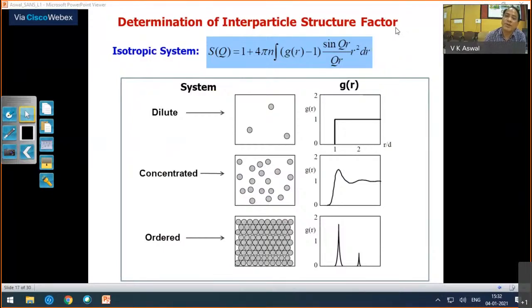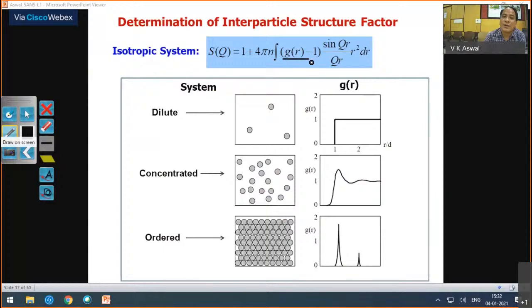But when you have a concentrated system, you have to look for this contribution. P of Q was the Fourier transform of your scattering length density. And your interparticle structure factor is the Fourier transform of G of R, the pair correlation function. What is the probability of finding another particle at a distance R when one particle is at the origin?